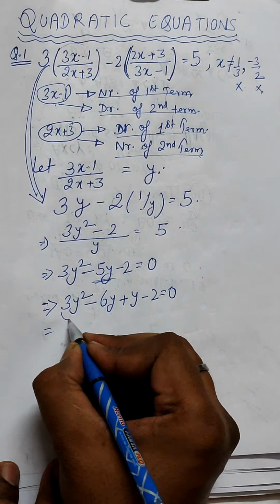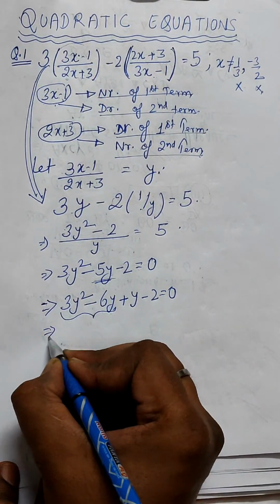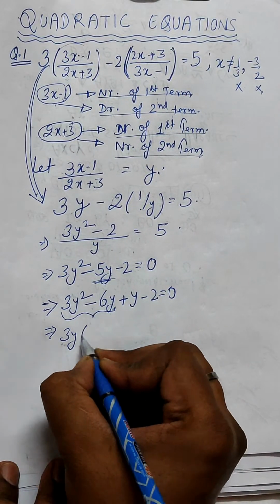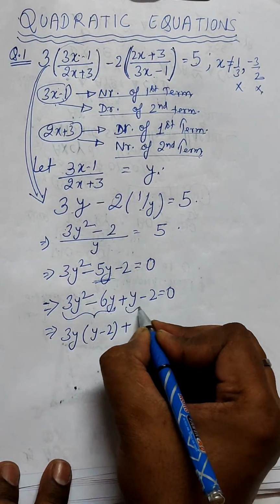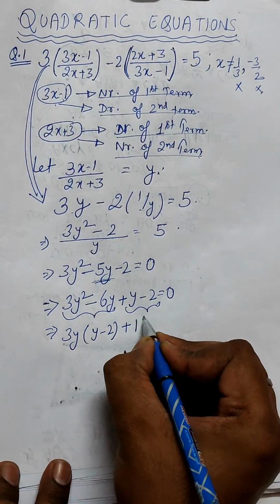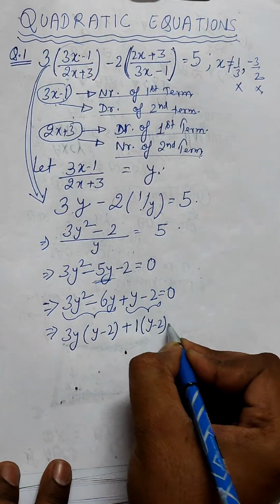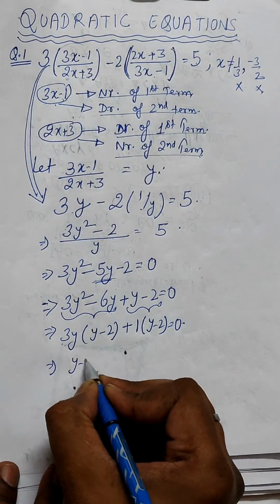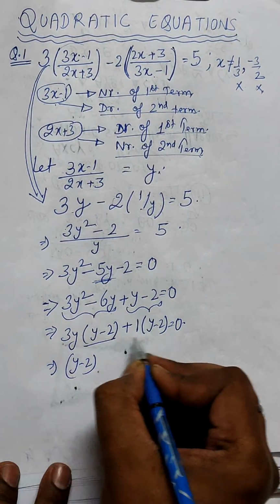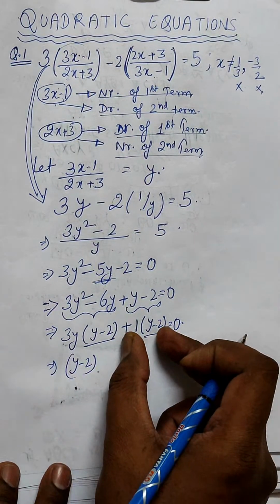Now from the first two terms, when 3y is taken as common, we are left with y minus 2, and from the last two terms, when plus 1 is taken as common, we are left with y minus 2. So this will give you y minus 2, because y minus 2 is common in both the terms, right?